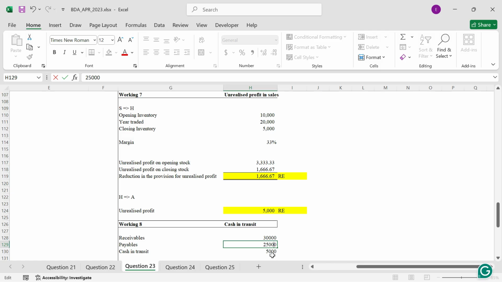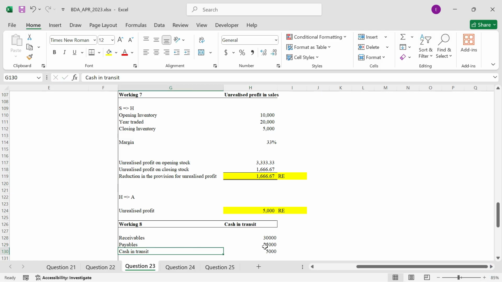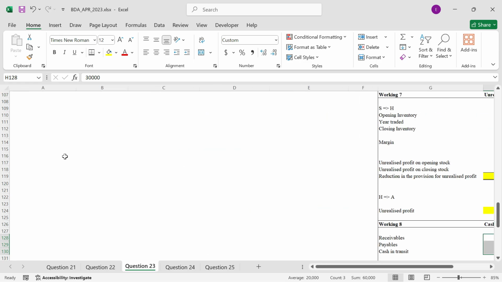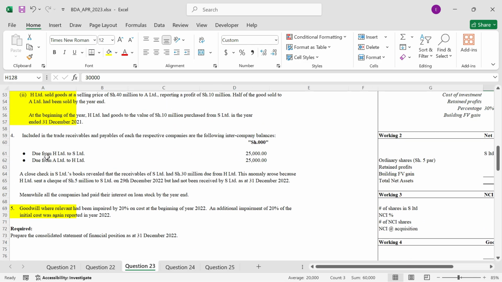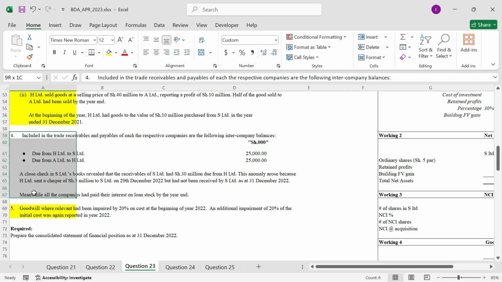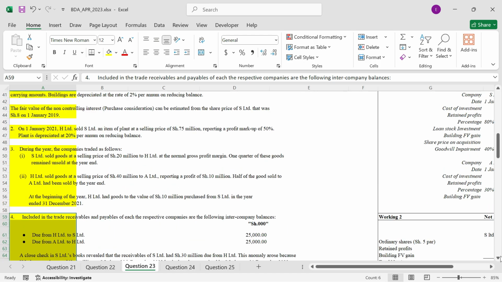So that the balance of this is going to S, I'm going to 5, so that we have accounted for a total reduction of 25 for sales. And that is very good. Meanwhile, all companies have paid their interest and loans every year, and that will affect my P&L. And so I am done with my additional information.